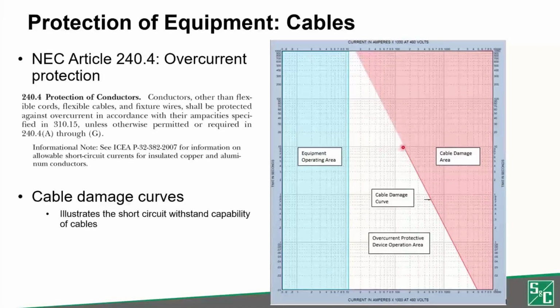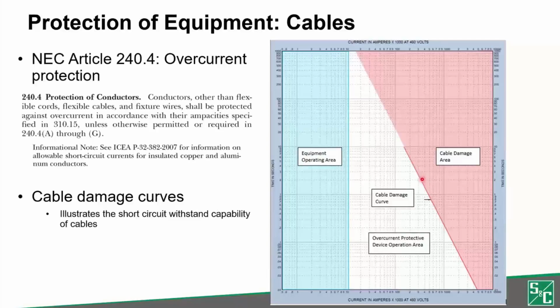And then there's also a cable damage curve. This cable damage curve shows if there's a fault current that's higher and longer and above this curve in this cable damage area, you could get damage onto the cable insulation, and the cables can have physical damage to them. So we want to try to protect those cables to those curves.